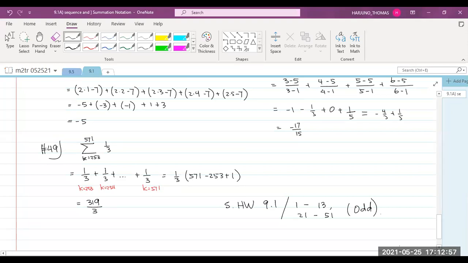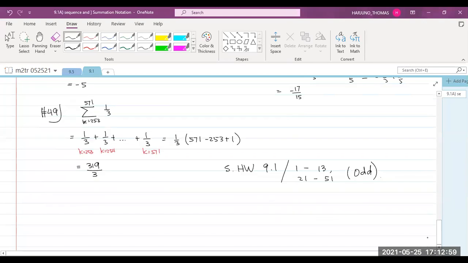Okay, now let me give you an introduction to what you will see on Thursday. On Thursday, we will dive further into sequence and summation notation, which is series. 9.2 is on what we call arithmetic sequence and series.